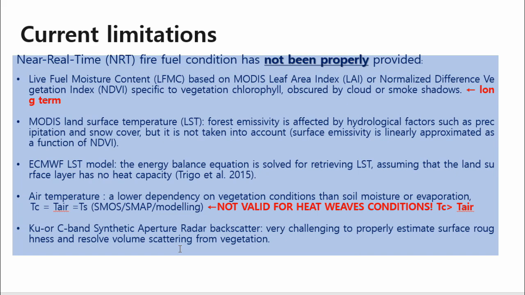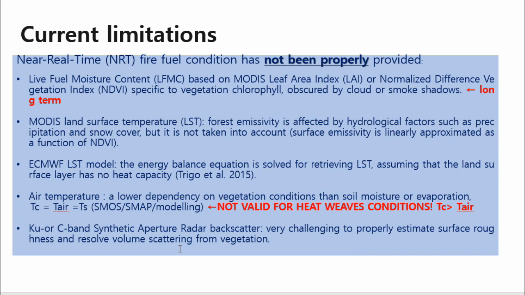And another application was to use land surface temperature from the satellite, from thermal infrared sensors like MODIS. However, in thermal infrared sensors, forest emissivity is affected by hydrological factors such as precipitation and snow cover.